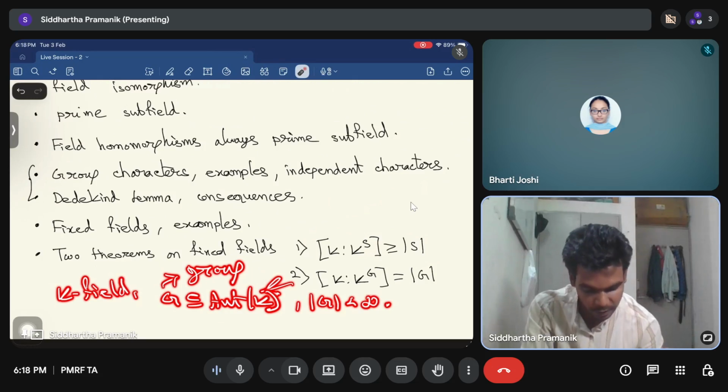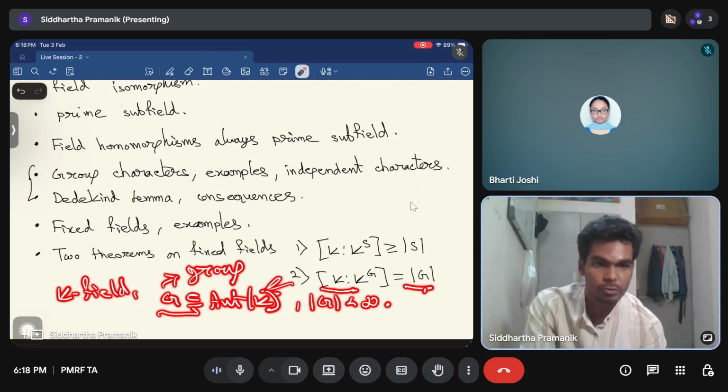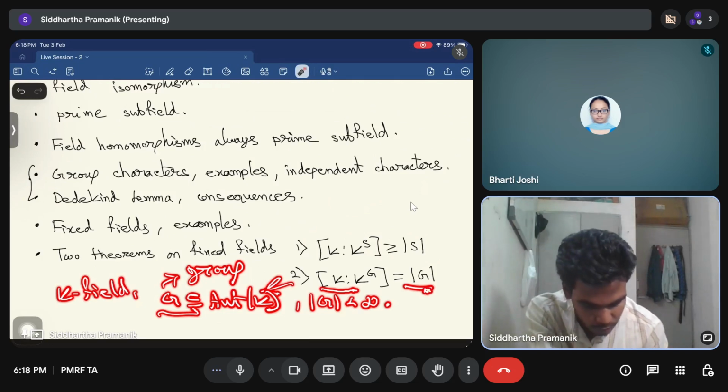So we are taking a field and a finite group of automorphisms. Then if you take the fixed field K^G and look at its degree of extension, it has to be the order of the group. So this is important. These two theorems on fixed fields will be used repeatedly, so you need to understand these results.